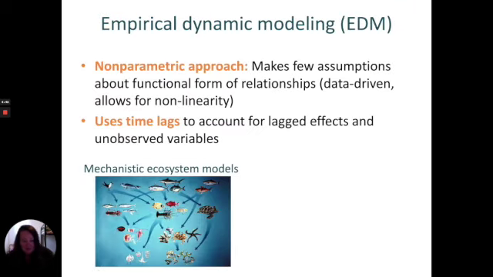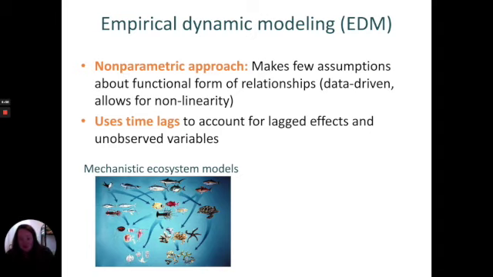Luckily we have some of those types of models now that we can use. The work I'm going to be presenting today uses this empirical dynamic modeling approach, which I'll refer to as EDM.